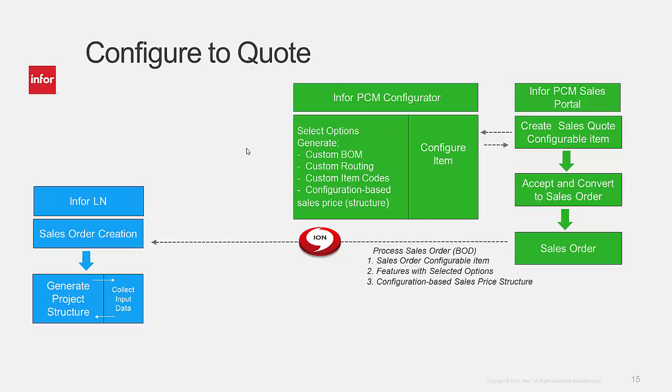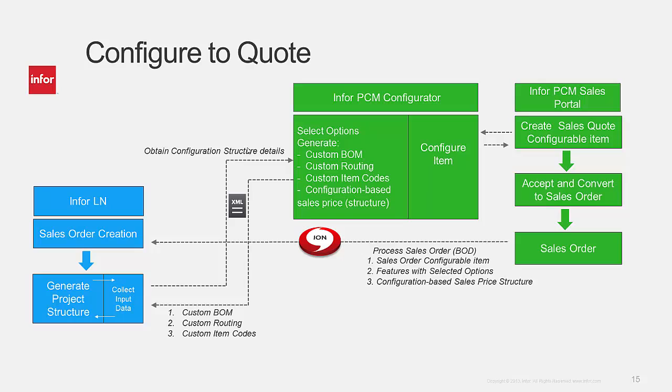Once again, it identifies that this is a PCM-generated configuration and therefore will call the PCM configurator to obtain the custom BOM, custom routing, and possible custom item codes and item descriptions. Once this is received back from the PCM configurator, the custom structure is generated and the customer can continue to plan and execute within Infor.